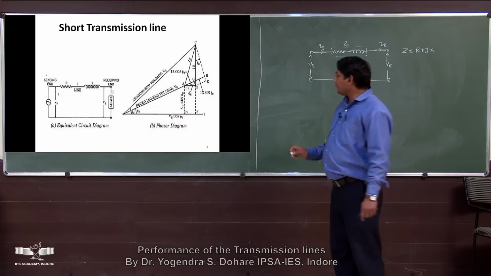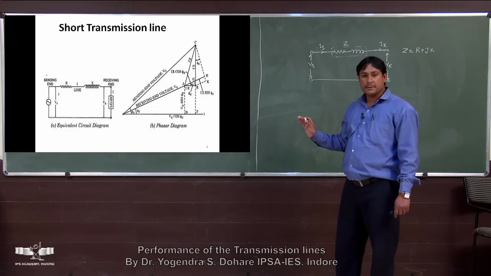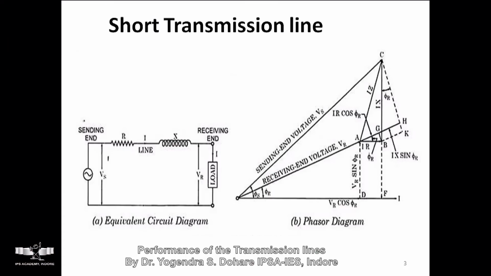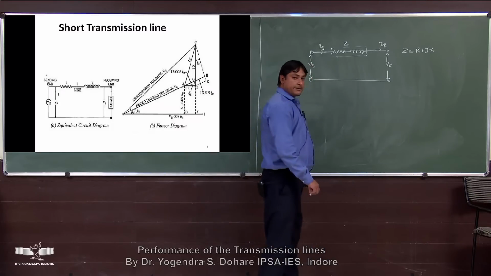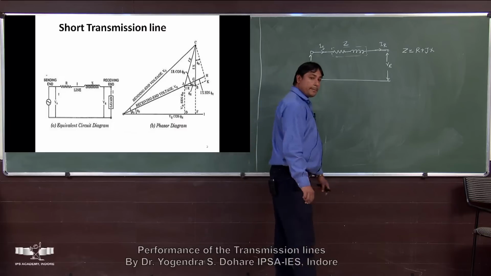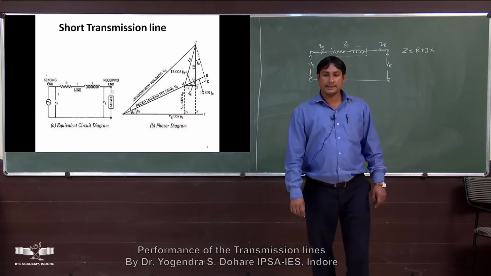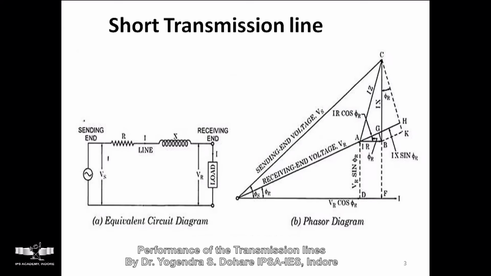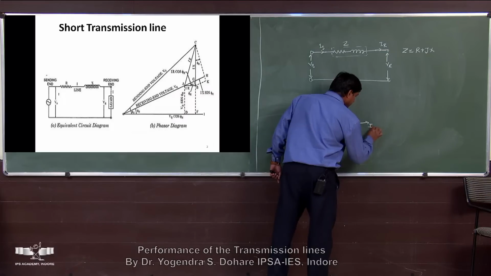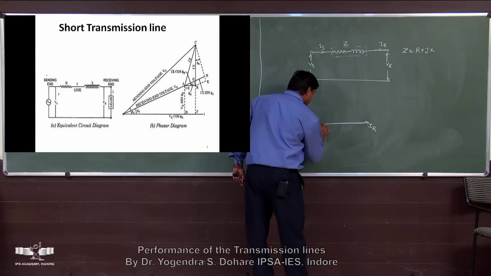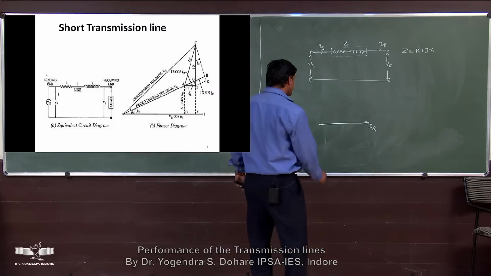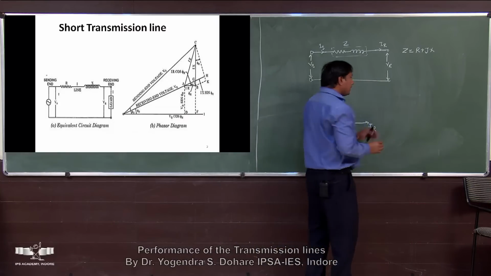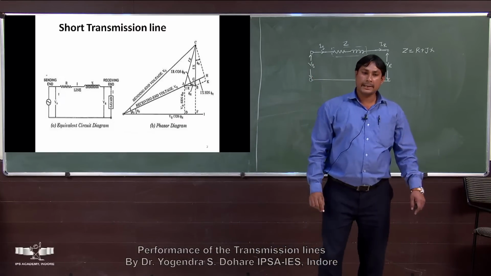In this phasor diagram, first we consider the reference phasor. In our case the reference phasor is the receiving end current IR, and we assume the connected load is a lagging load.